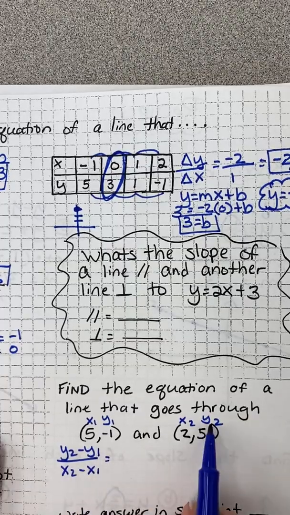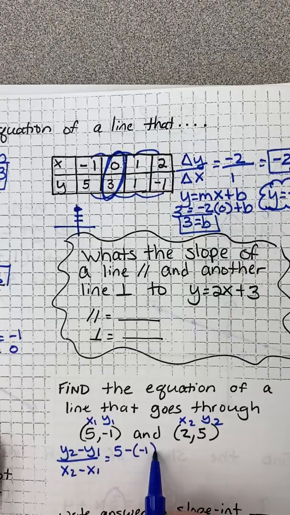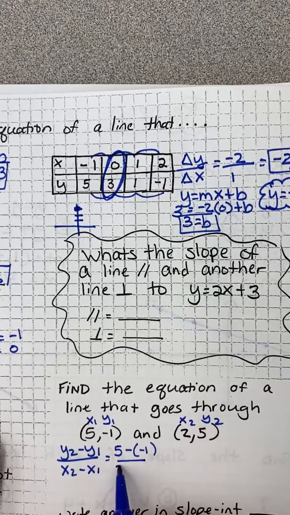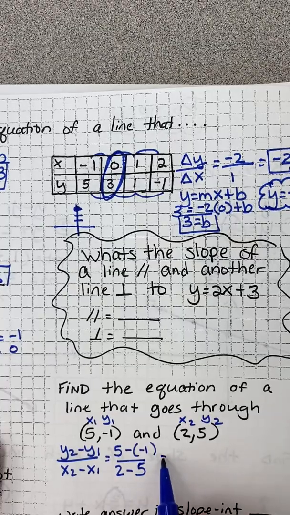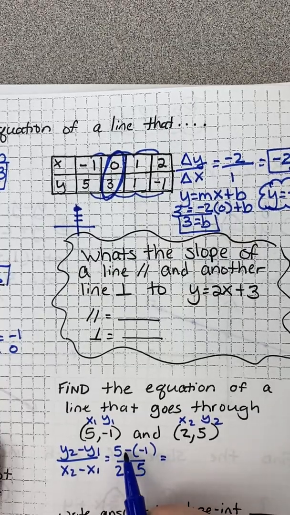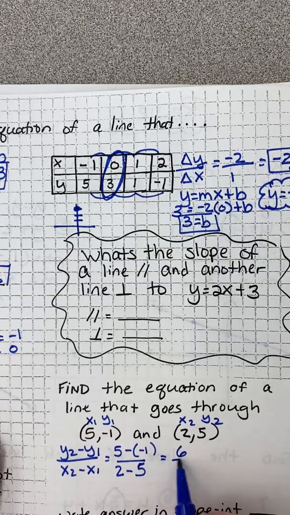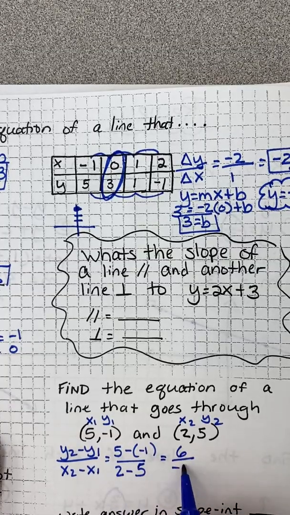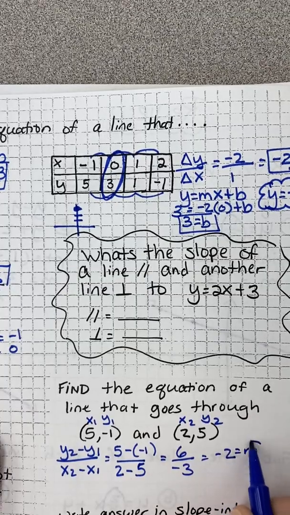So y2 is my 5 minus -1, over x2 minus x1. Those are going to turn into a plus. When we minus a negative, it's a plus. So I have a 6. 2 minus 5 is -3. So my slope is going to be -2.